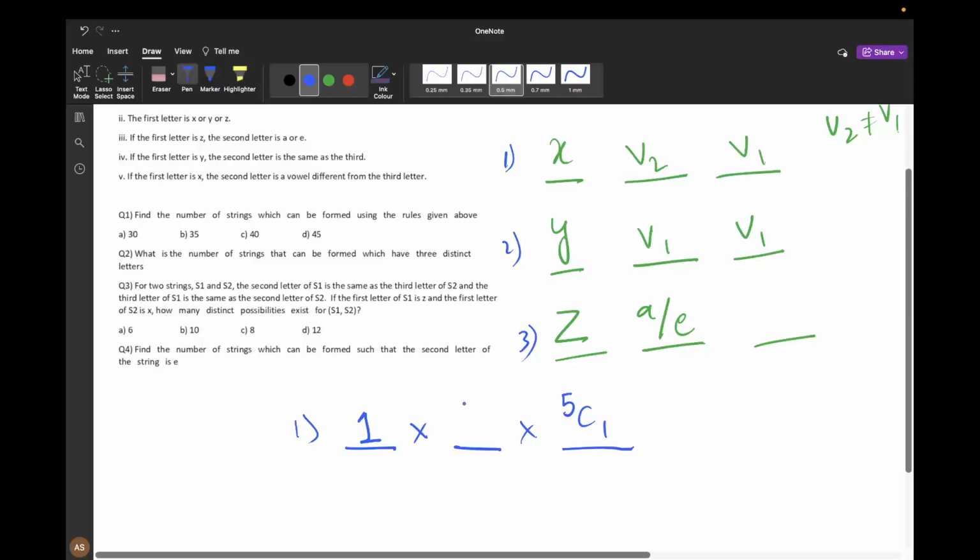Now how many vowels remain for us? Can we take 5 or should we take 4? Since we know V2 is not equal to V1, we cannot repeat the letter. So the set reduces from 5 to 4, and we pick from the remaining 4 vowels. So the total becomes 4 times 5 times 1, which is 20.